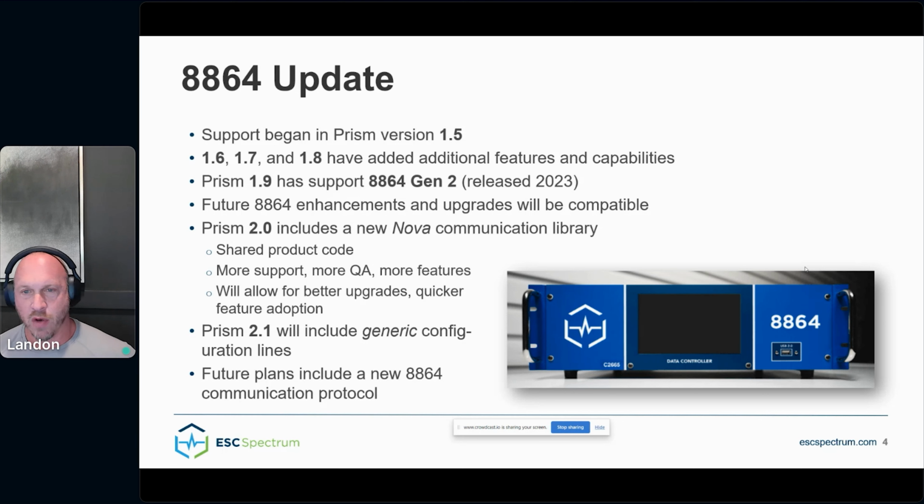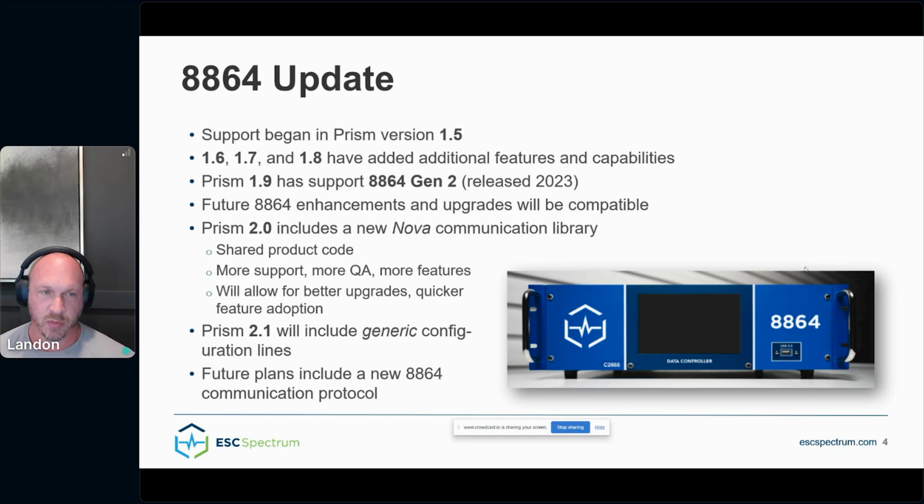But for those of you that don't know, Nova is our cross-team effort here at ESC Spectrum. Across all 5 or 6 of our different products, we develop code and libraries and shared resources in what's called Nova, and then we distribute those exact same resources across all of the products.